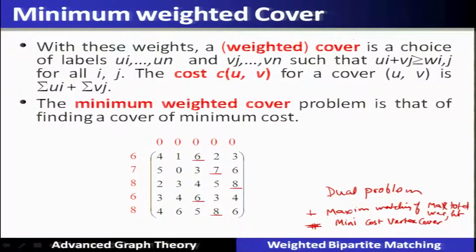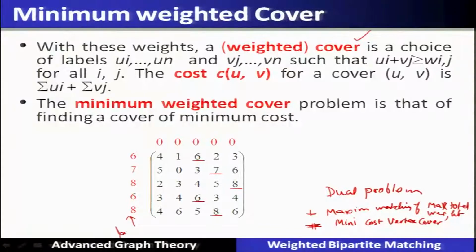So, with these weights, a weighted cover is a choice of these particular labels. These are the labels which we call UIs, and the labels on these columns are called VIs.